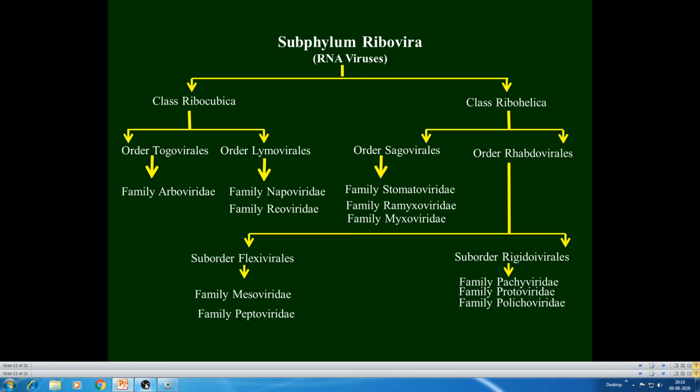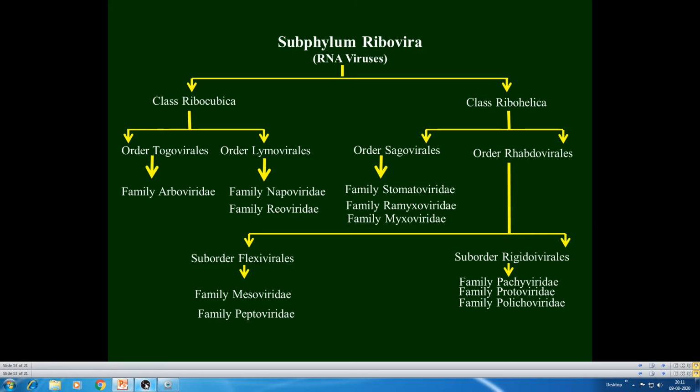Flexi and rigid, that is why they are called Flexivirales and Rigidovirales. Flexivirales has two families, Mesoviridae and Peptoviridae. Suborder Rigidovirales has three families: Pachyviridae, Protoviridae, and Polycoviridae. So the subphylum Ribovira has two classes: class Ribocubica and class Ribohelica. Could you follow me?